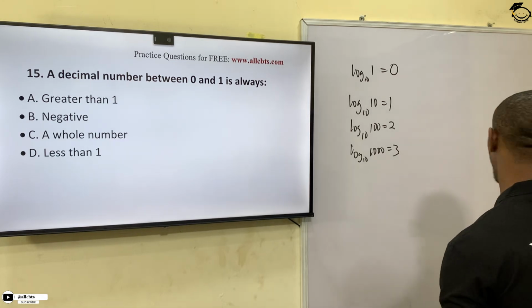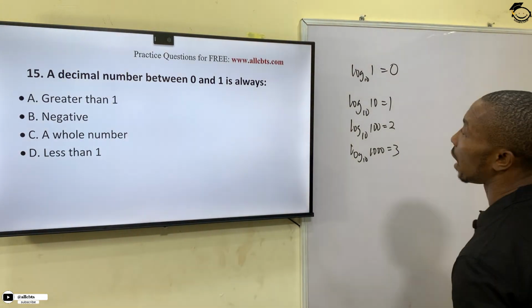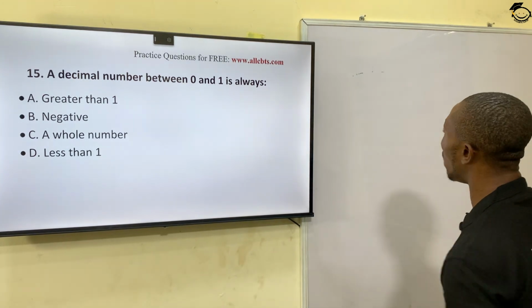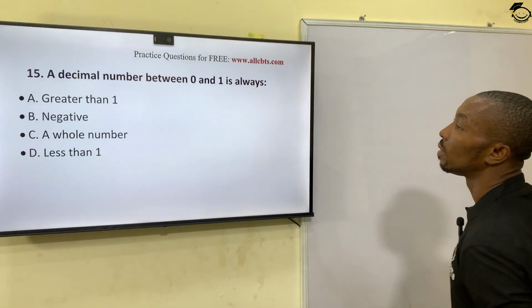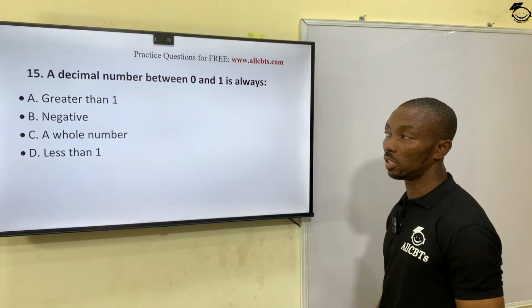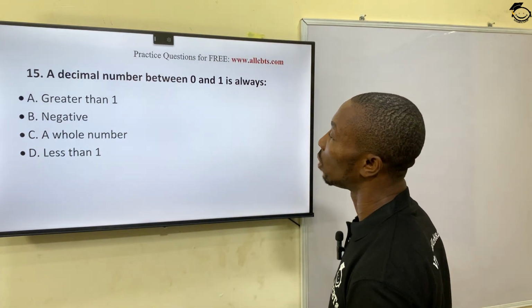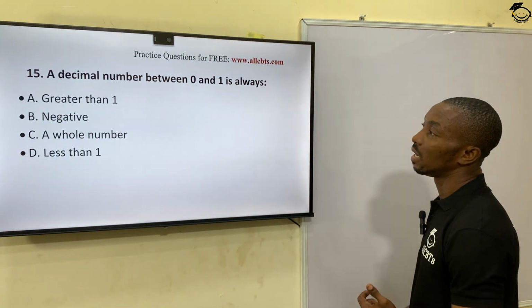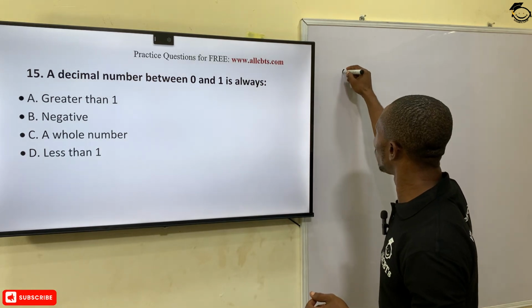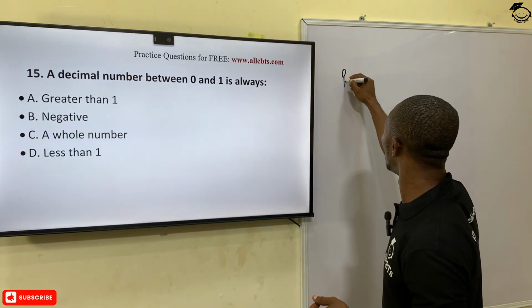A decimal number between 0 and 1 is always A, greater than 1, B, negative, C, a whole number, and D, less than 1. Now, it says a decimal number between 0 and 1, that means you have your two extremes at 0 and 1.